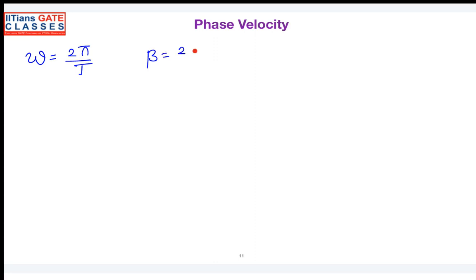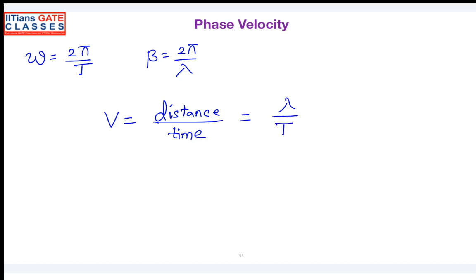We know that the basic expression for velocity is distance by time. Right? Whatever the change in distance divided by the change in time. So that is the basic definition for your velocity. Now, I get the same equation by considering one wavelength divided by one time period. Will you agree with me?